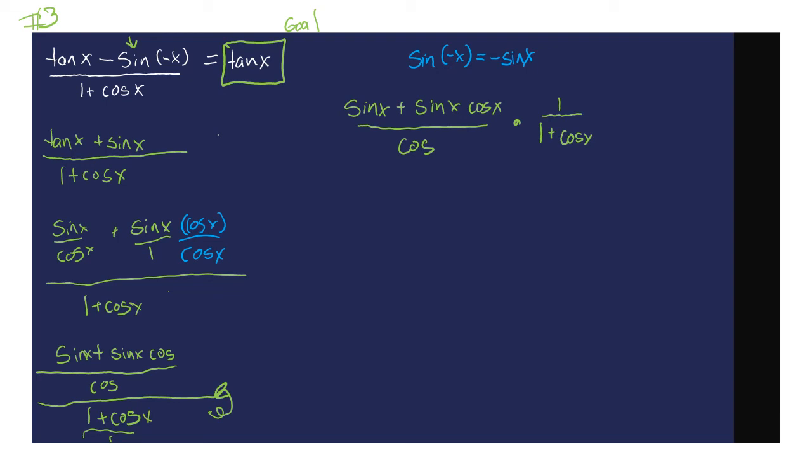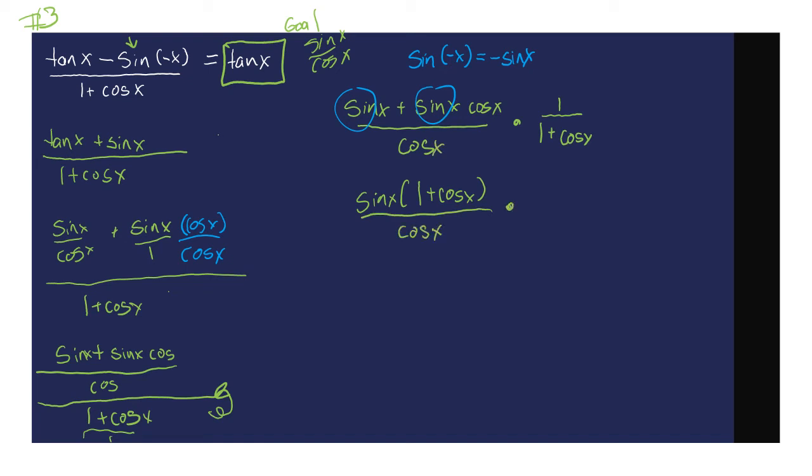Now how does this help me out? We're getting pretty close. Remember that tangent is sine over cosine, so I'm going to try and get it to look like that. I can factor a sine out from each term in the numerator. So it would leave me with sine times 1 plus cosine, all over cosine x.